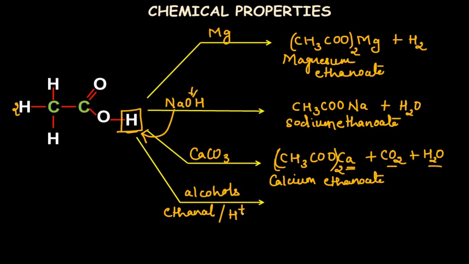Generally for acidification we use dilute sulfuric acid, but here I'm just mentioning it in general with H plus. So ethanol, or any alcohol, reacting with carboxylic acids produces esters. This is a very important reaction which we will learn in detail in the next video.